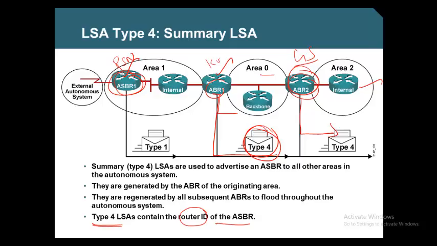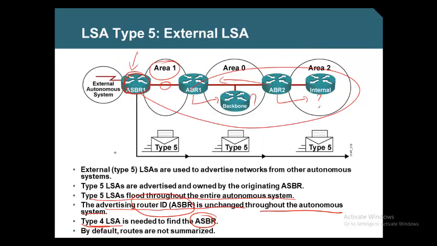Type 4 is only originating from Kupan and Govindsamy, not from Ramsamy Naidu. Whereas the network information of the other autonomous system is originated from the ASBR itself with the ASBR router ID.